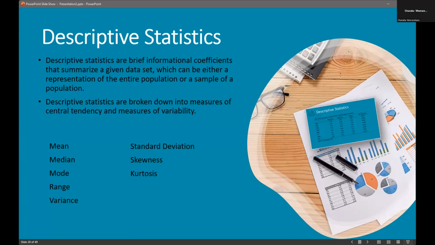Median is the midpoint of a range of numbers, if you rearrange the data in whatever order, A to Z or Z to A. Mode is the most commonly repeated number within the set of data. The range is, if you rearrange the data in order, the difference between the highest value and the lowest value, right?